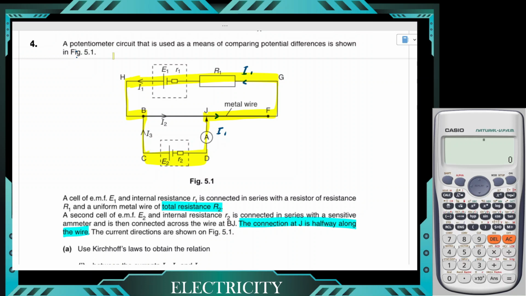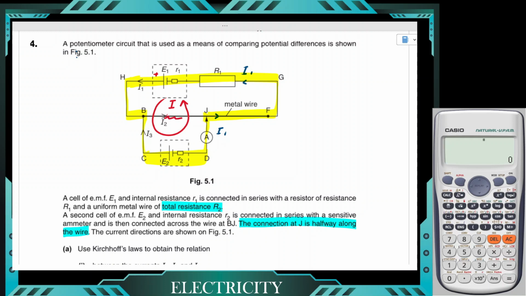All right, so in this one we have 2 batteries, so we have to take one as a reference. So I'm going to take E1 as reference, and I'll be setting the standard direction of current as this one, because depending on that battery, the standard direction of current is this. And forget about the central part B to J. This is not even part of the loop.